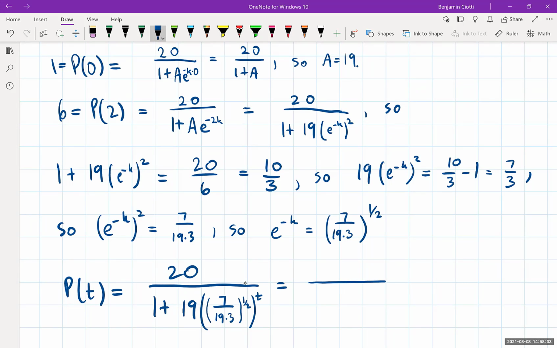Wait, I'm actually kind of confused. I don't know where I went wrong because I multiplied 6 by 1 plus 19 e to the negative 2k, and then I distributed the 6, and then I subtracted 6 and then divided by 114.